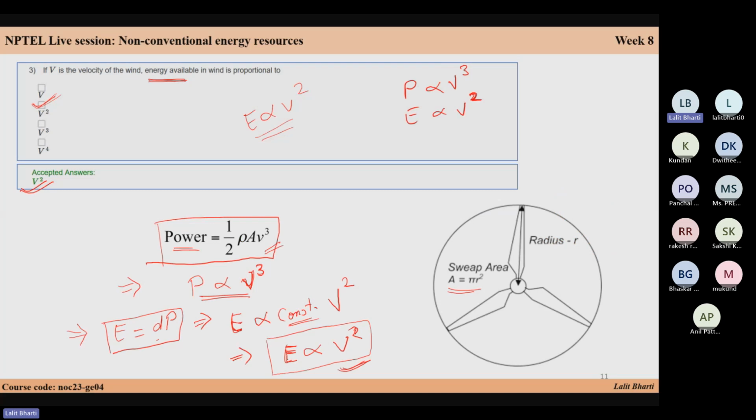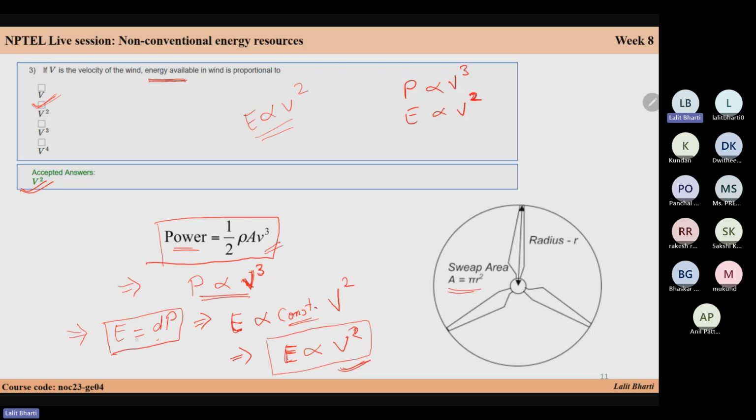Then the question was about the velocity. If v is the velocity of the wind, energy available of wind is proportional to what? We know that power is given by the formula v to the power 3, or v cube. But they are not asking about the power, they are asking about the energy. We know the relation from energy to power.